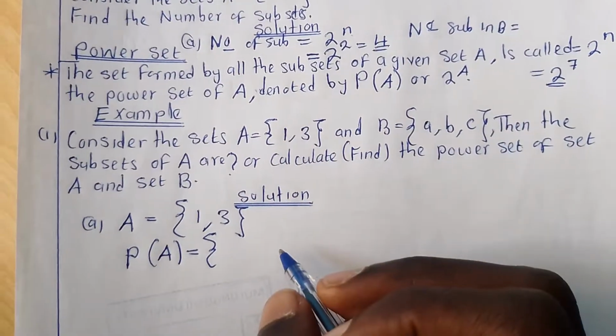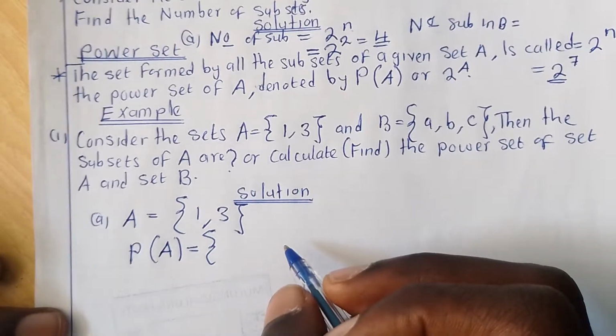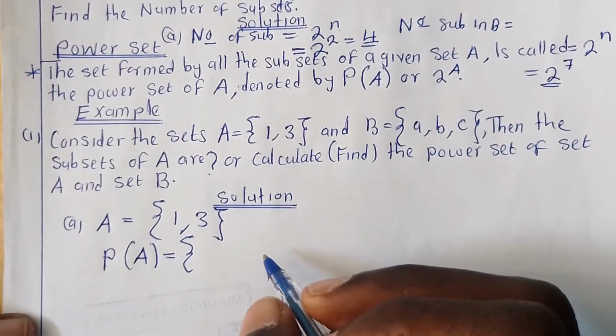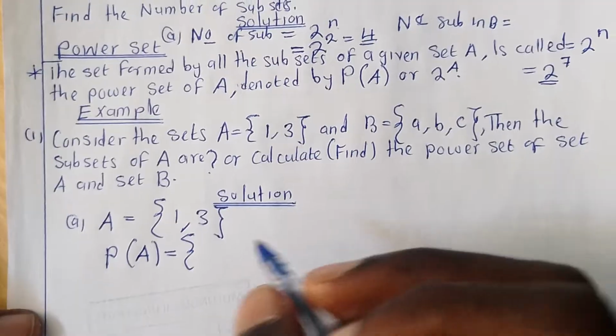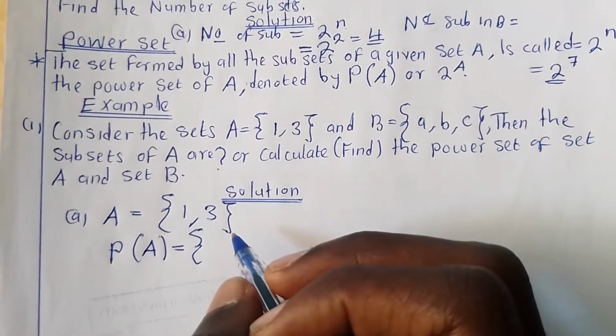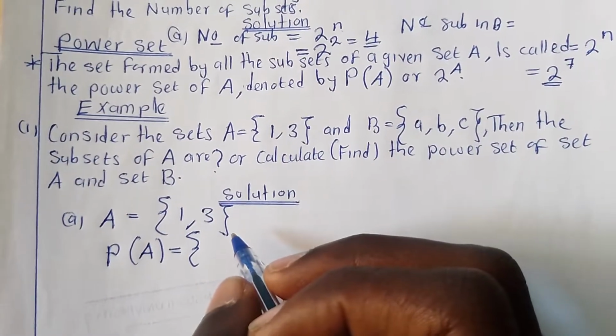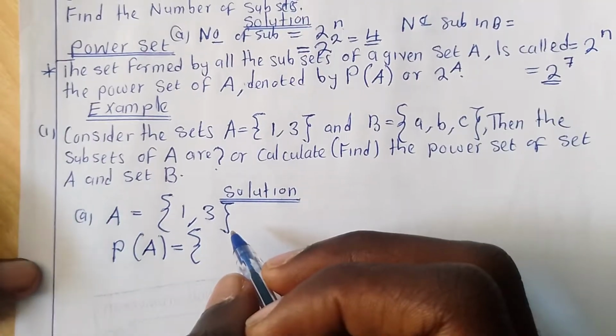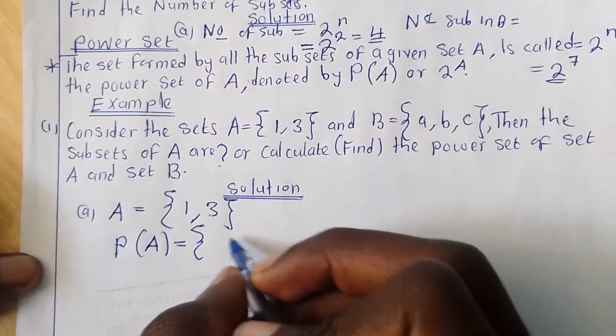Whenever you are finding the power set of any set that you have, you are supposed to consider the empty set, because the empty set is simply a subset of every other set. So you are going to put the empty set.